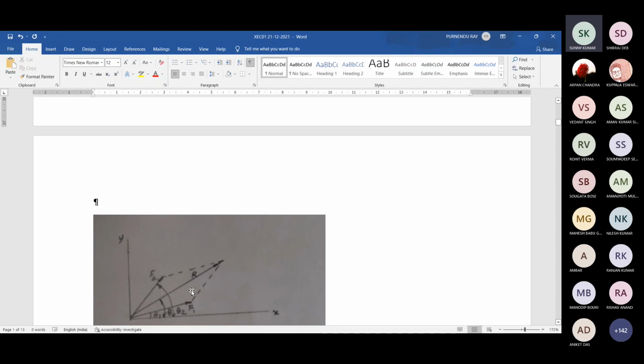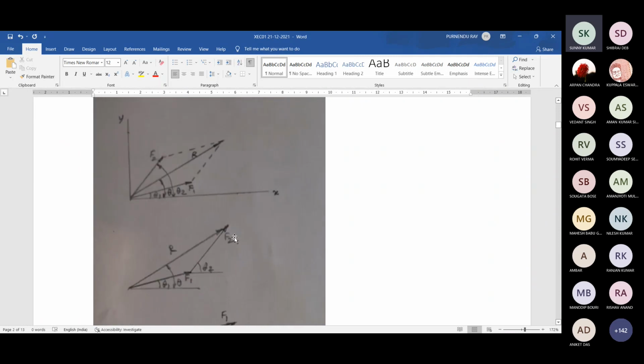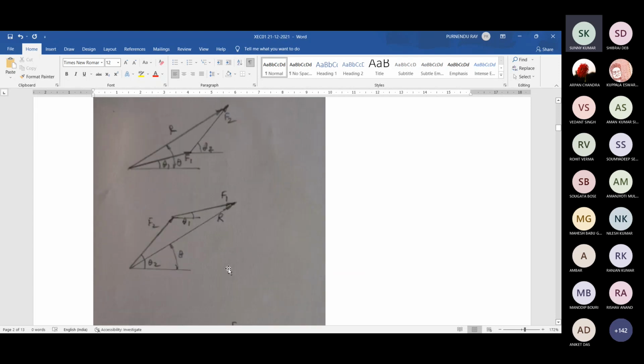Obviously, it would pass through the point through which F1 and F2 are acting. So that is the formation of the triangle, without repeating this side F2 and this side, free vector F1. It could be done in this way also. So by the commutative law, F1 plus F2 or F2 plus F1, whatever you take first, there is no problem.